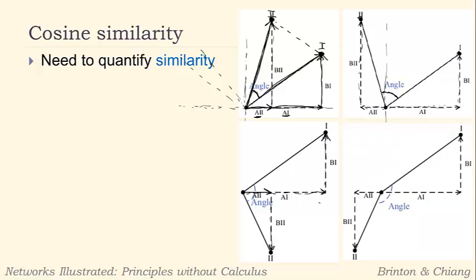Now, here's the other extreme. In each case, user A likes this movie, doesn't like this movie. User B likes this movie, doesn't like this movie, because they're pointing in opposite directions. This is a very dissimilar situation. When one user likes one movie, he tends to not like the other movie. This angle is larger, and it's getting closer to 180 degrees.